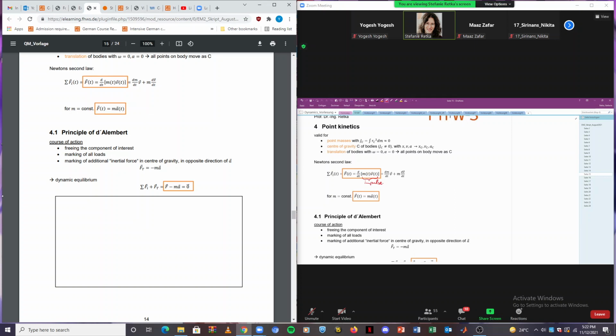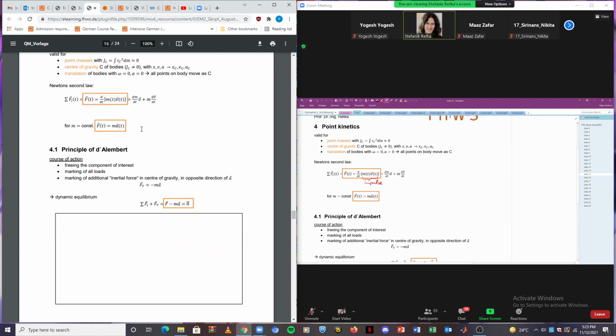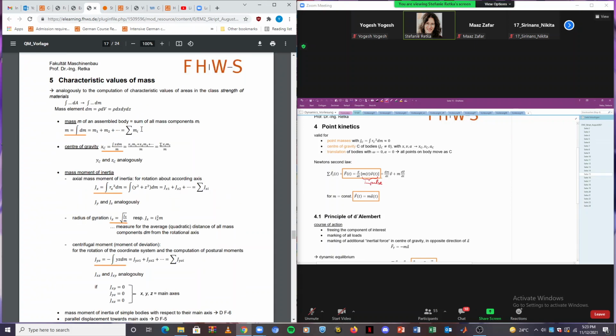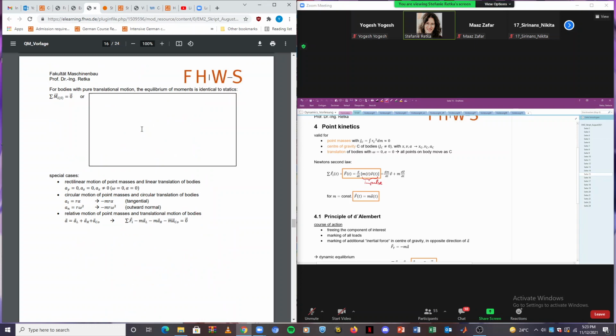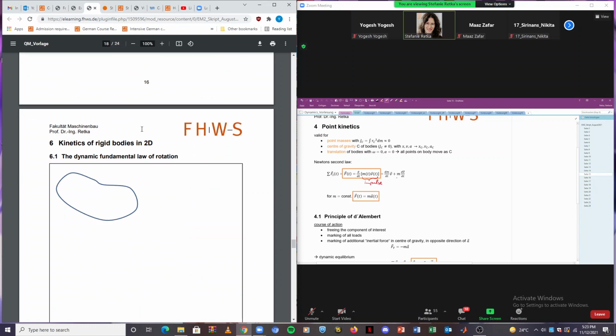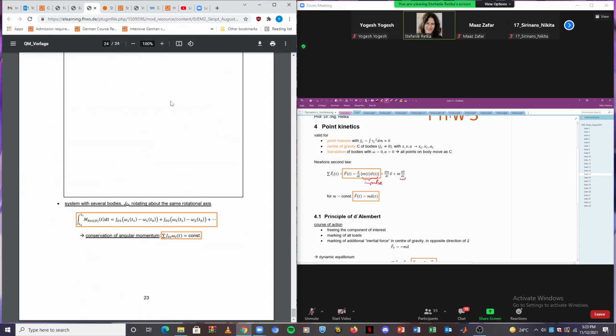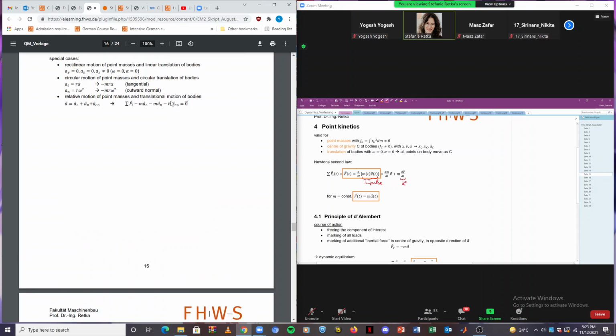And of course, in general, if the mass changes over time, the time derivative would result in two components: the time derivative of the mass multiplied by the velocity, plus the mass itself multiplied by the time derivative of the velocity, which is equal to the acceleration.